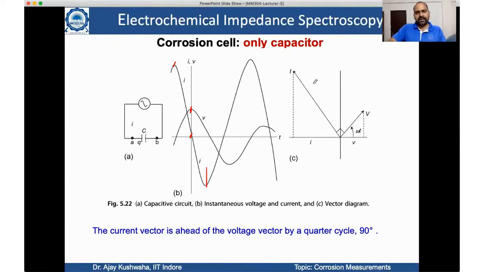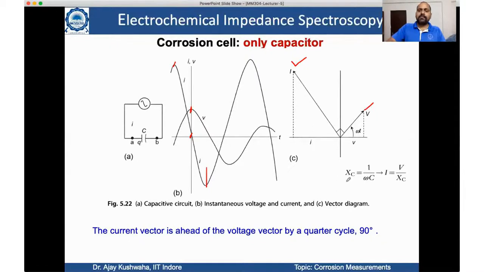So it can be defined as, let's say this is the voltage, this one. So current is already ahead by 90 degrees. So current should be represented this way. This is the I, and it is just represented with respect to omega t change.